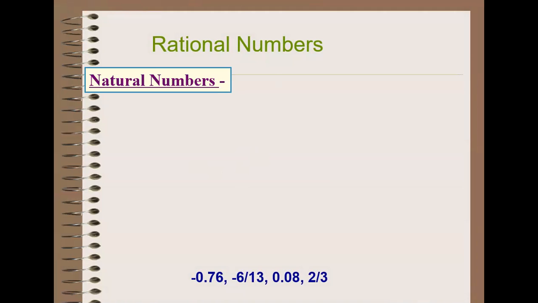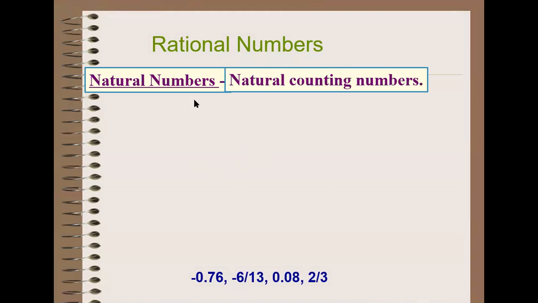From the beginning, we have the set of natural numbers, which we can also call counting numbers. In case we want to count, we have to start from 1, 2, 3, 4, 5.